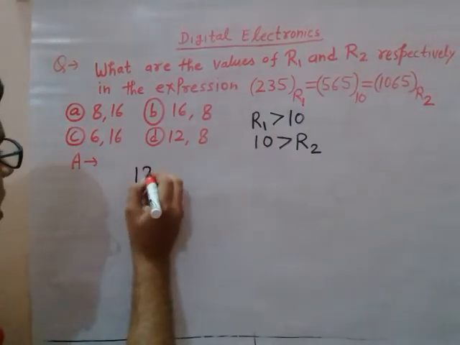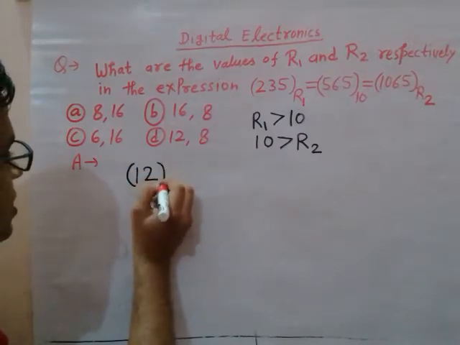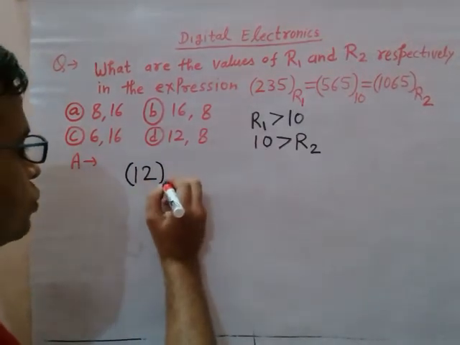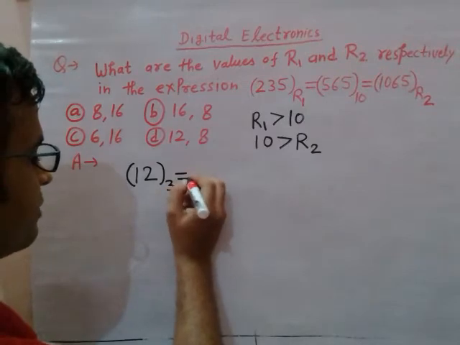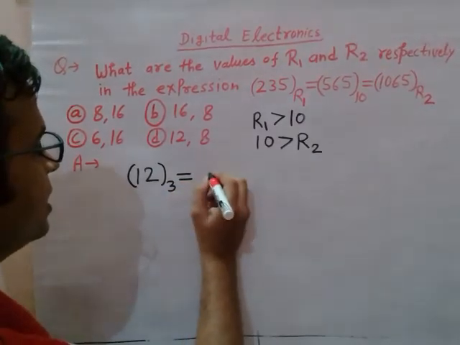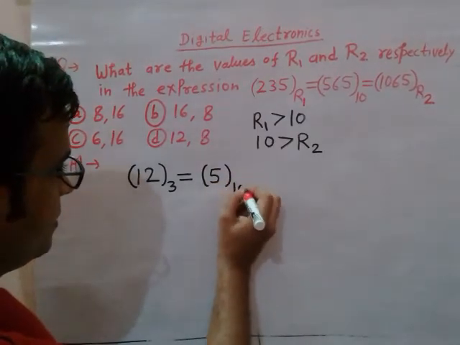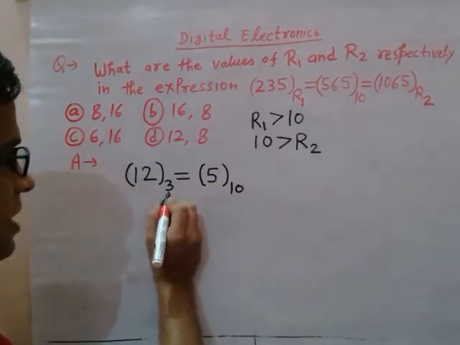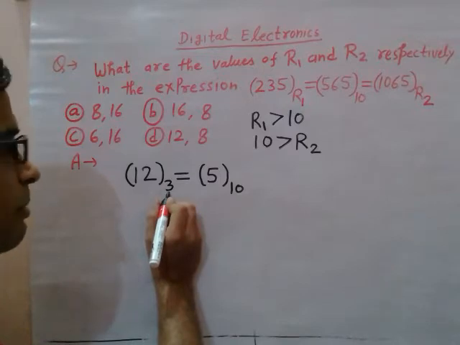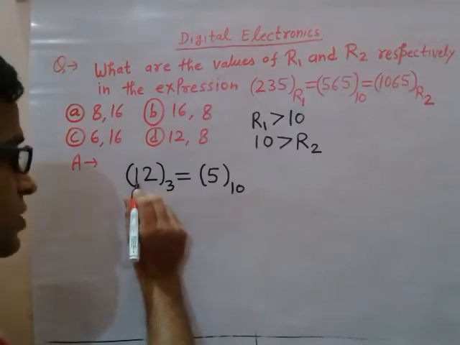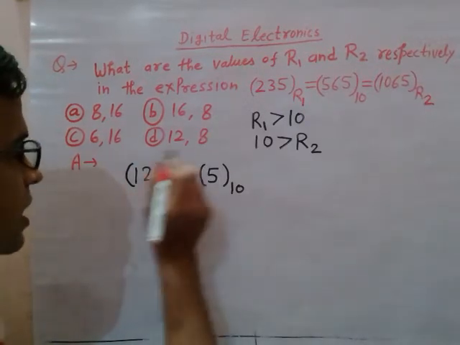Suppose I take one number 1 2 to the base 3. What would be its decimal equivalent? Its decimal equivalent would be 5. So 3 in the suffix indicates the base of this value 1 2, right?